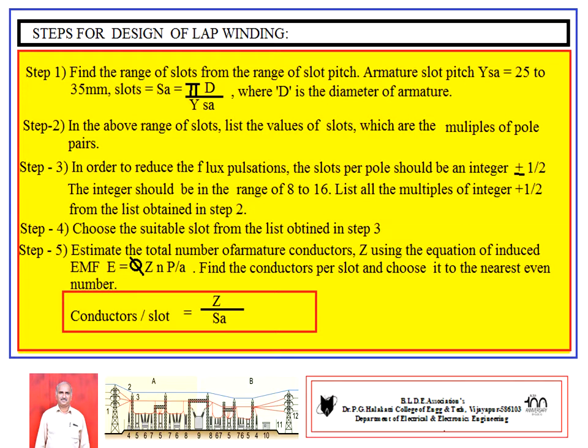Hence, after calculating the Z value, you can go for conductors per slot. That means total number of conductors divided by total number of slots, Z divided by S suffix A, that is armature slots.